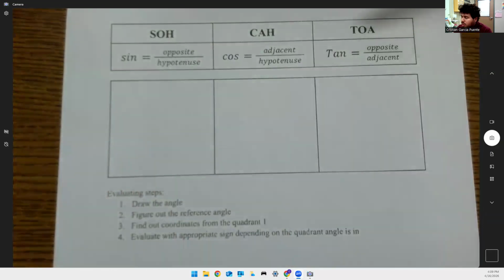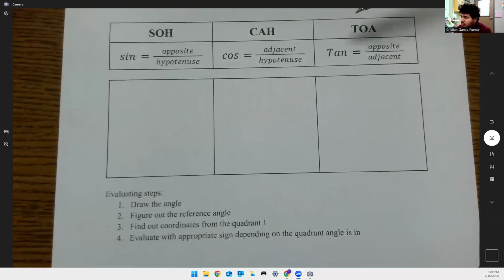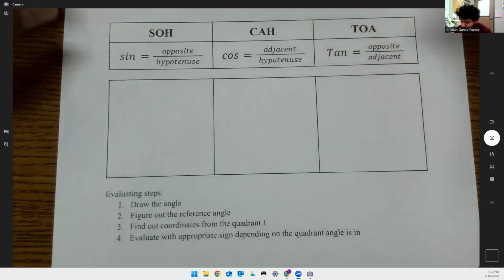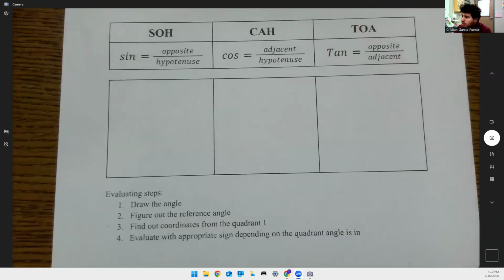The C stands for cosine, A for adjacent, H for hypotenuse, so cosine is equal to adjacent over hypotenuse. TOA: T stands for tangent, O for opposite, A for adjacent, so tangent is equal to opposite over adjacent. If you are confused right now, it's all right. Just know that's what SOHCAHTOA stands for.